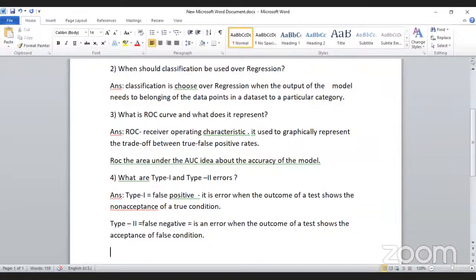That case we can say it is false negative. That means the acceptance of a false condition. The condition that the person doesn't have the disease is the false condition. In that scenario we can say it is false negative.